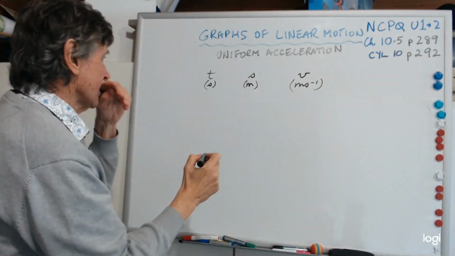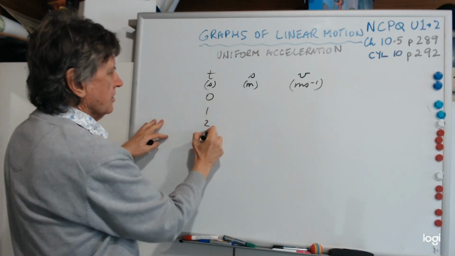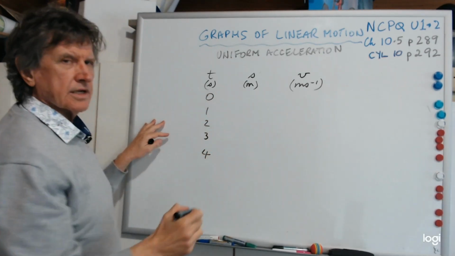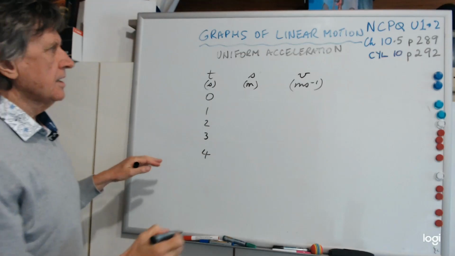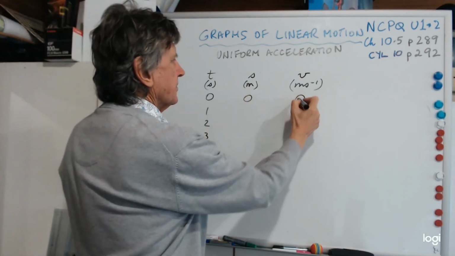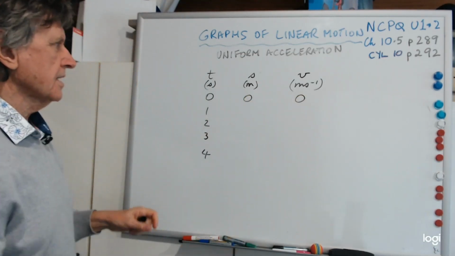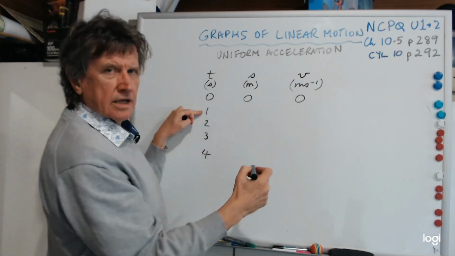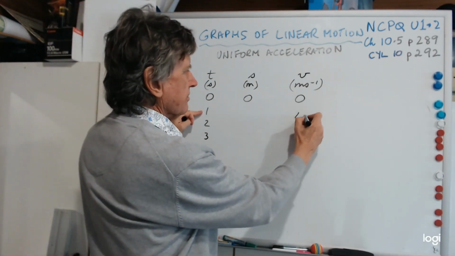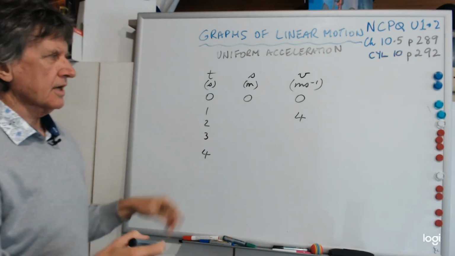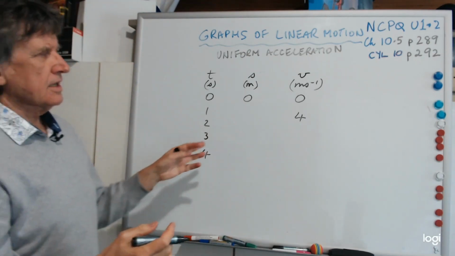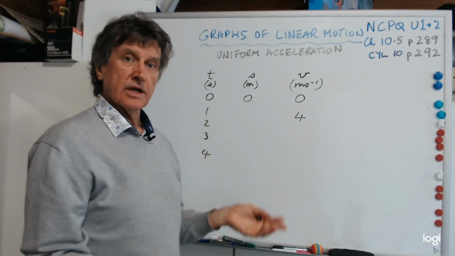Okay, now I won't do it for very long. We'll just say we're collecting data for 4 seconds. They all start off at 0. Now let's imagine after 1 second the ball is going at 4 meters per second. Okay, let's say you had some way of measuring it. Now we've got programs that you can get on your computer.